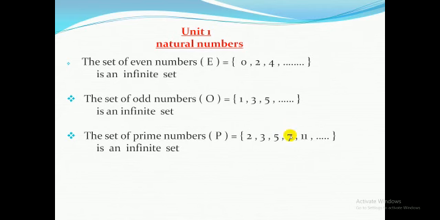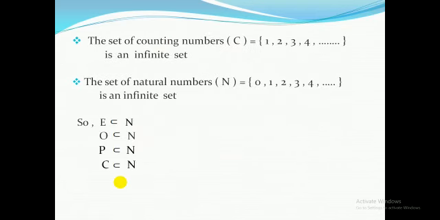What times what equals 7? Nothing, except 7 times 1. 1 and itself. So 7 is a prime number. 11. What are the factors of number 11? 11 and itself only. So 11 is a prime number. The set of prime numbers is an infinite set, which means it has no end.